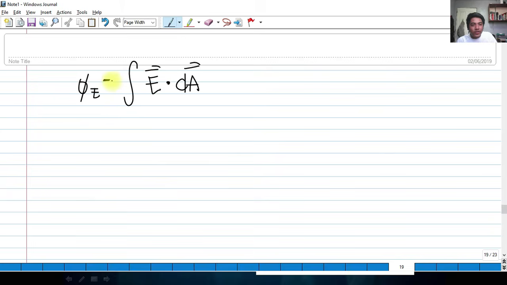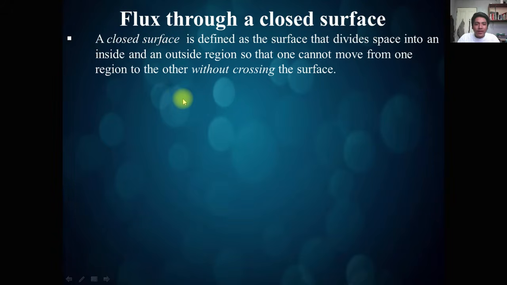So we have the definition of flux. This is still the same, the dot product. So we have now an integral here. That's worth memorizing, our formula.